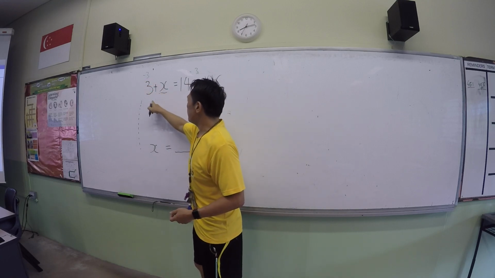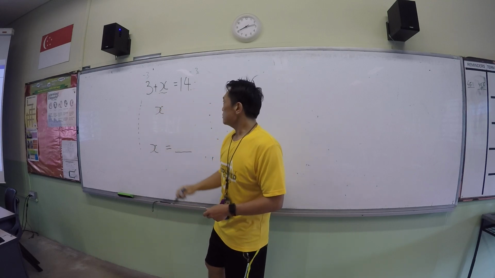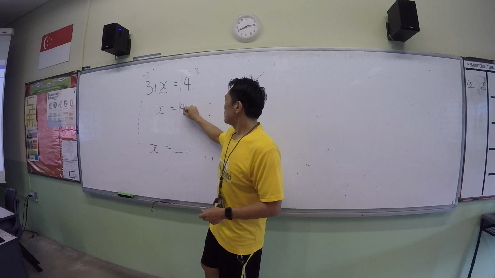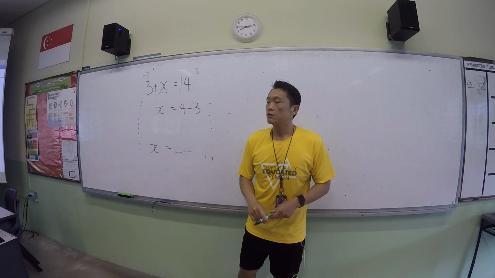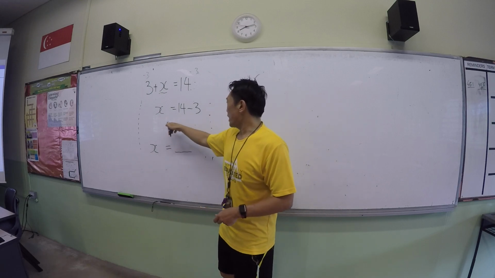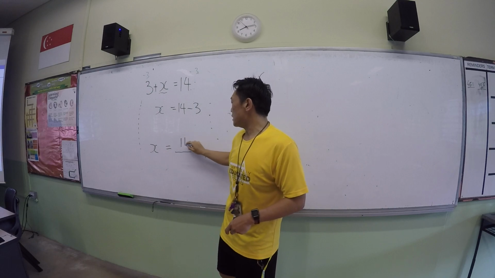So 3 minus 3 becomes 0. Left hand side, I'm left with a positive x. Right hand side, 14 minus 3. Which is why x is the same as 14 minus 3, x is 11.